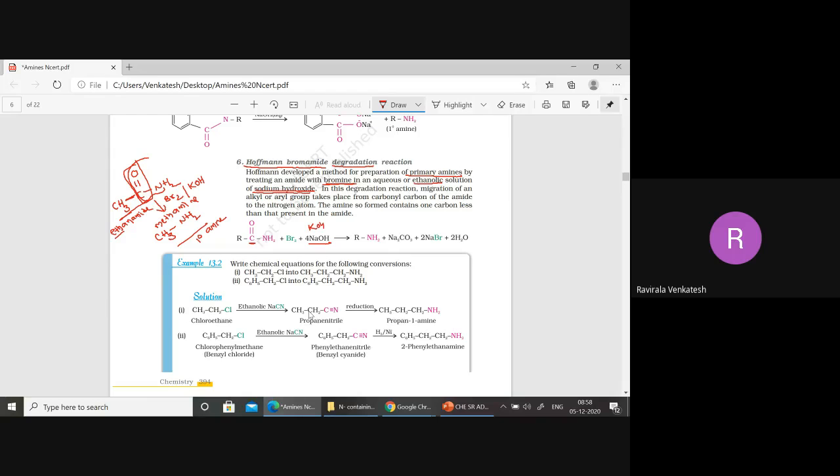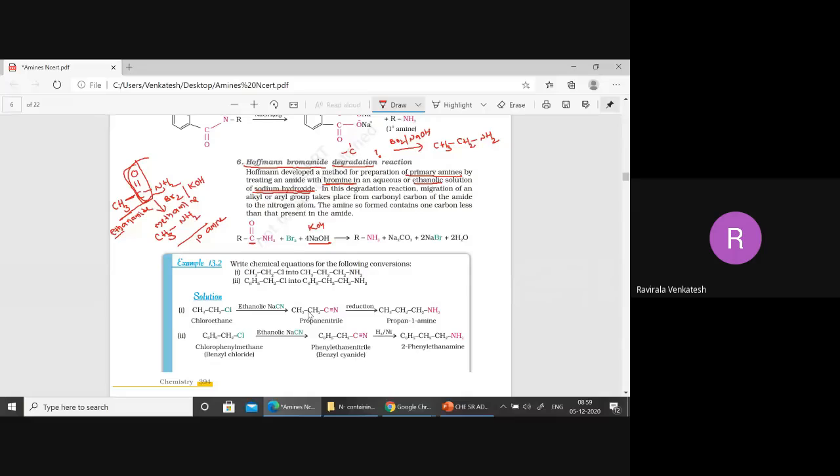Now my question is here. I want ethanamine. Now I have taken which reagent? Bromine in presence of NaOH. Now can you say what is the name of this reactant? Propanamide. Definitely we have to take amides here.